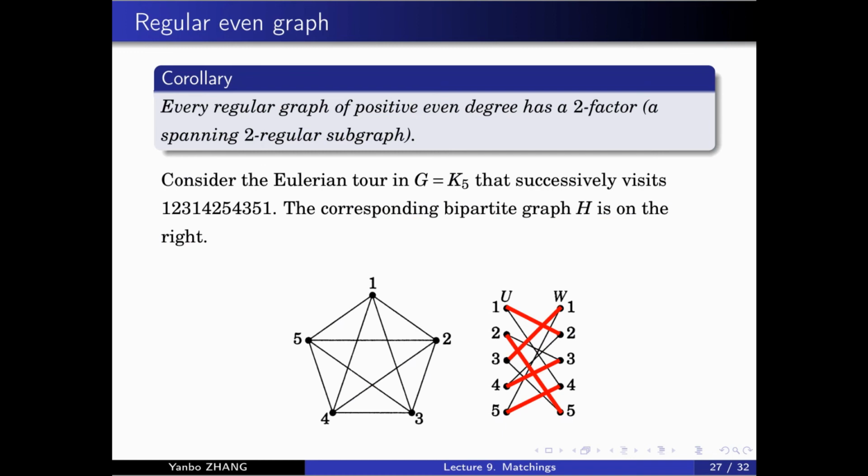So from this perfect matching, we can get a 2-factor in the original graph: from 1 to 2, 2 to 5, 5 to 4, 4 to 3, 3 to 1. This 2-factor is obtained from this perfect matching.